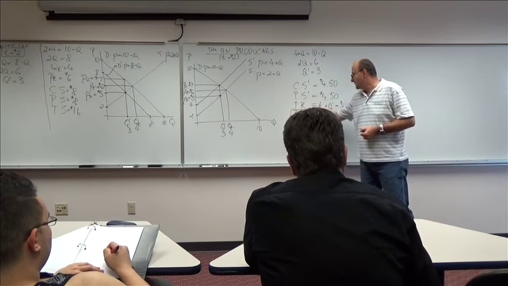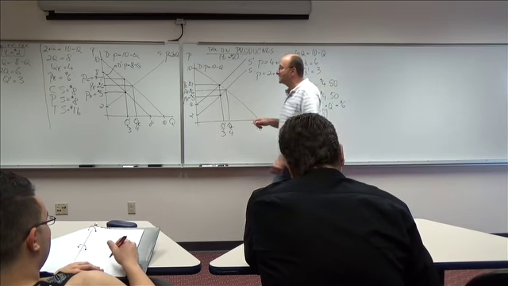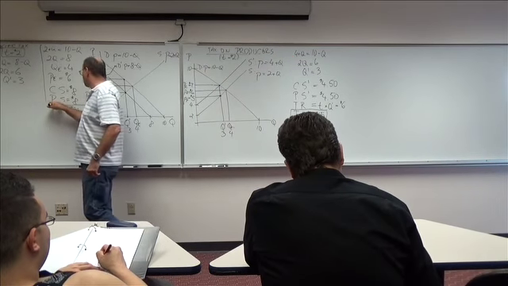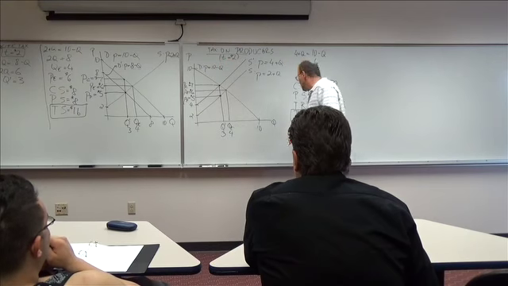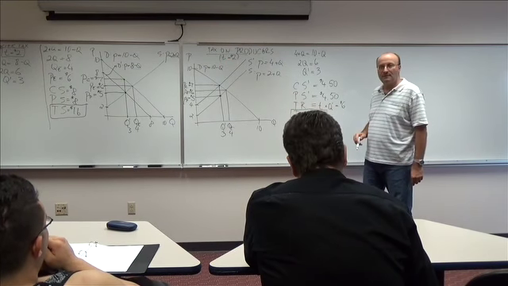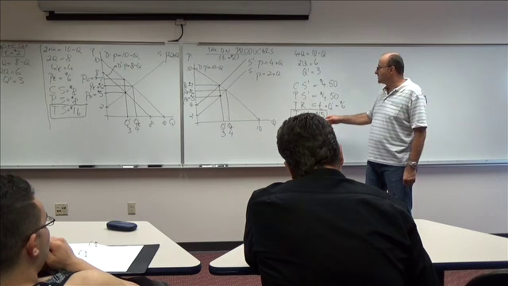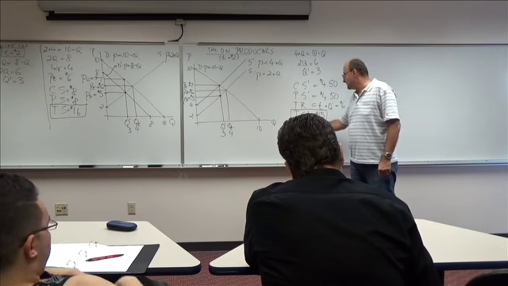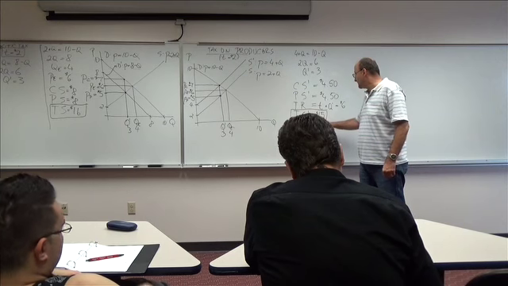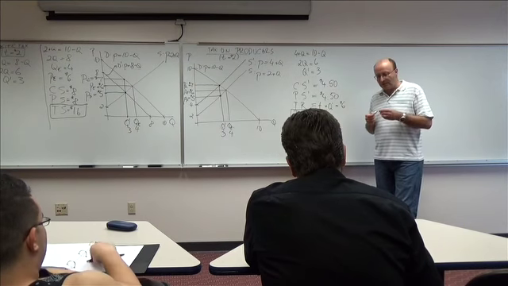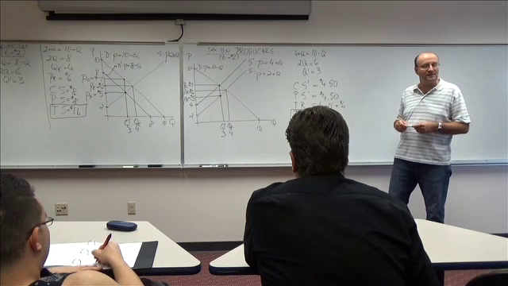Very good. So what is the impact of the policy? What is the impact of the policy on total surplus? Reduces total surplus by $1. That's the deadweight loss of the policy.